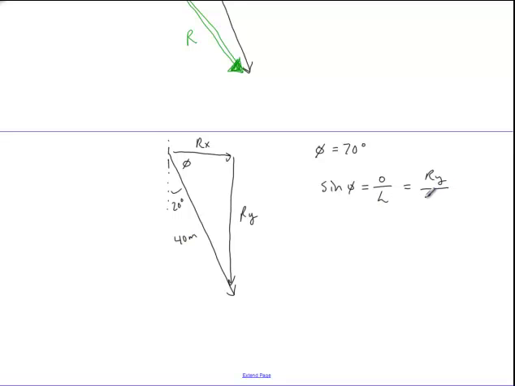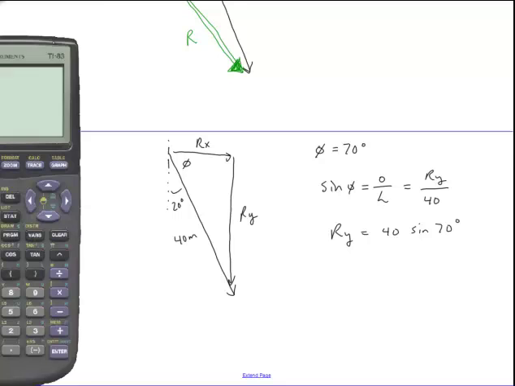Hypotenuse is 40 meters. If you rearrange that, and we know theta is 70 degrees, then you get Ry equals 40 times sine 70 degrees.